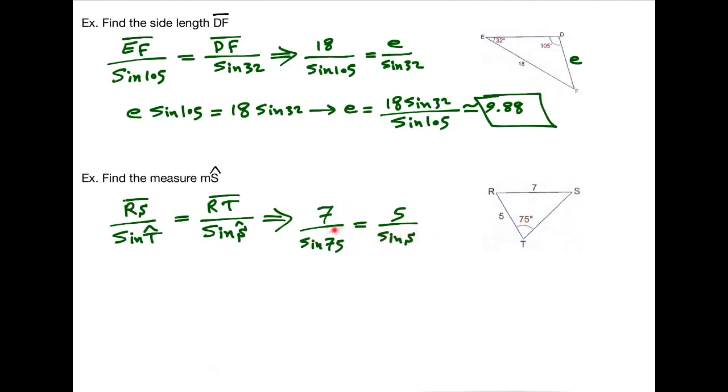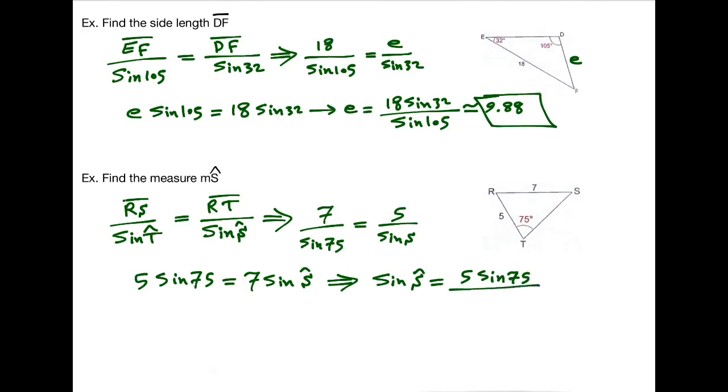Again, we have a rational equation, so let's go by cross product. 5 times sine of 75 equals 7 sine of angle S. Let's single out sine S: sine S equals 5 sine 75 divided by 7.